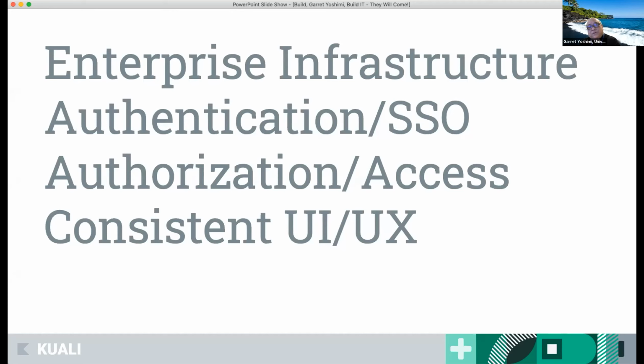ability to attach to our enterprise infrastructure, to tie to our enterprise ID management system, provides a consistent UI and UX, not only for folks that are using it, but also for our developers as well.